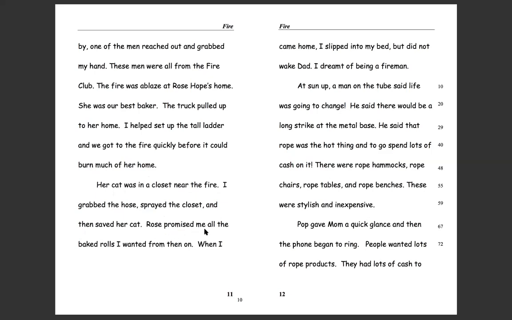Rose promised me all the baked rolls I wanted from then on. When I came home, I slipped into my bed, but did not wake Dad. I dreamt of being a fireman.